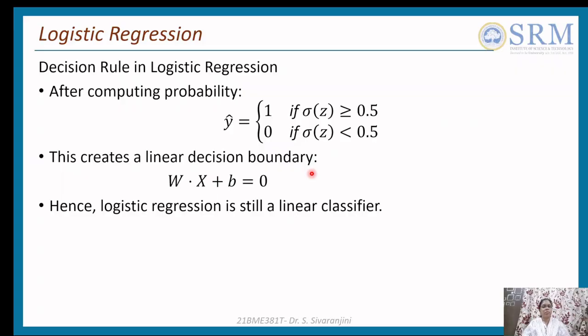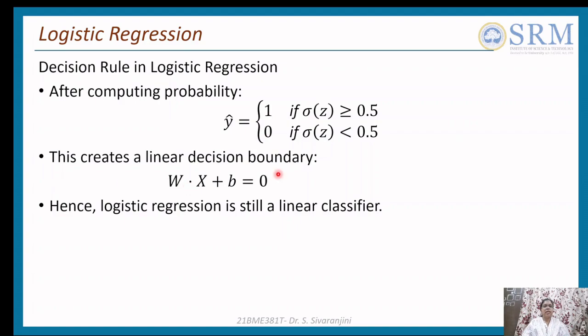After computing the probability, your y will be the predicted output, y cap. Y cap is 1 or 0, meaning class 1 or class 0, based upon the sigmoid activation function output. When the sigmoid output is greater than or equal to 0.5, it belongs to class 1, and if it is less than 0.5, it belongs to class 0.